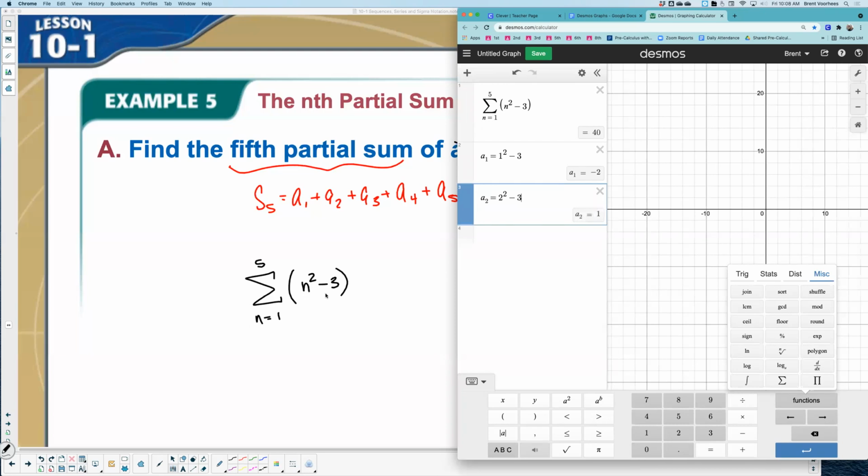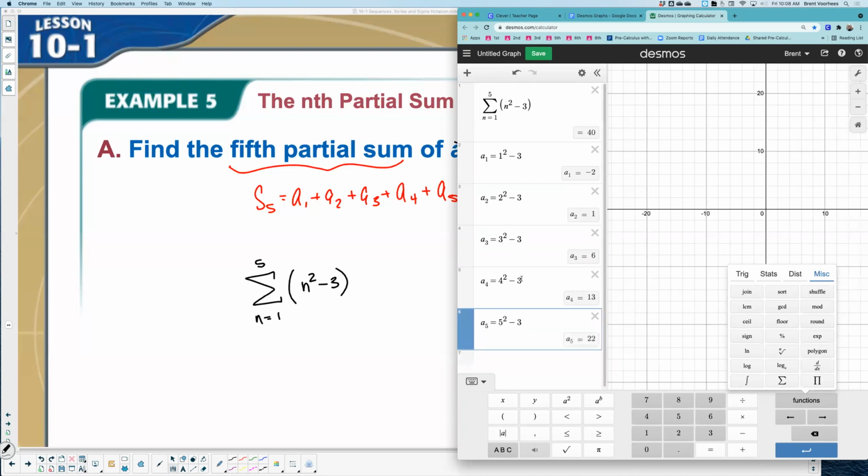So what it does is it just plugs all these in and then adds them up. A3 would equal 3 squared minus 3. And then I've got to find 5 of them, sorry. A4 would be 4 squared minus 3. And now finally, A5 equals 5 squared minus 3.